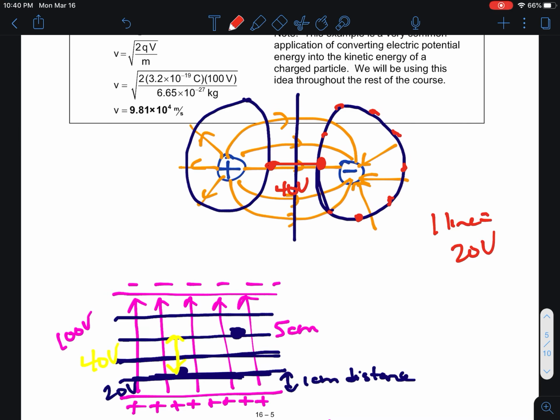If something went from here to here, though, it would have passed through no volts because it's on the same equipotential line. And that, again, is something you have to wrap your head around, and something that I will show you how some questions have been asked previously on diploma exams.